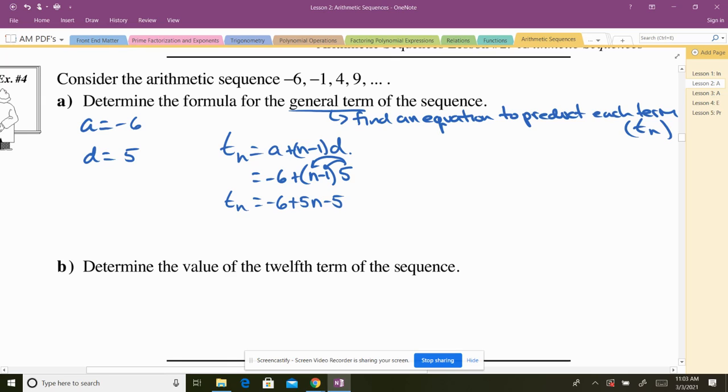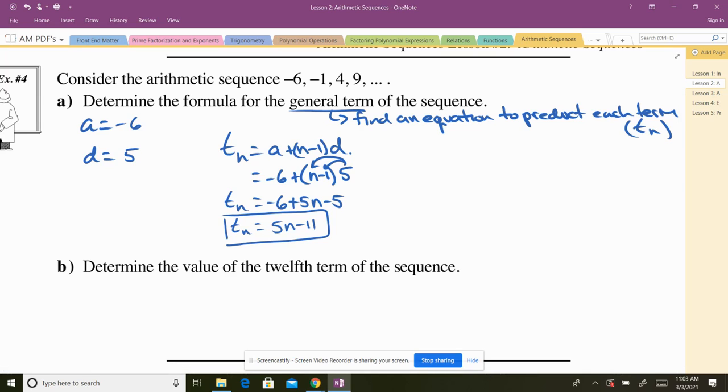Okay, now what? Collect your like terms. So -6 and -5 gives me -11. So I get 5n minus 11. That formula will tell me every single term I want.